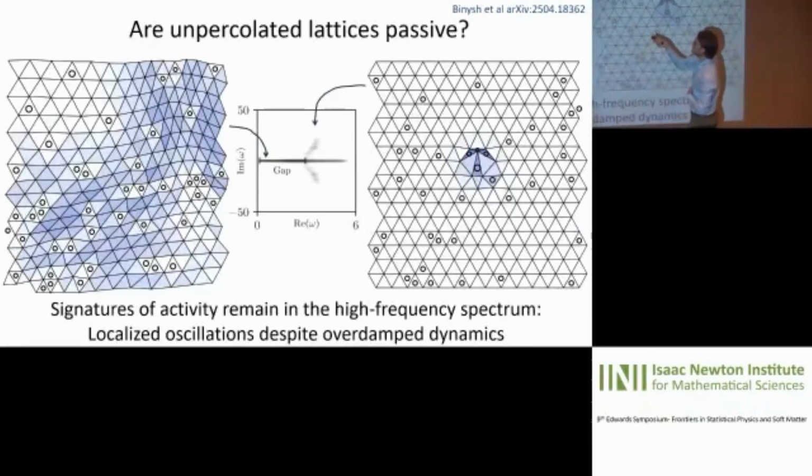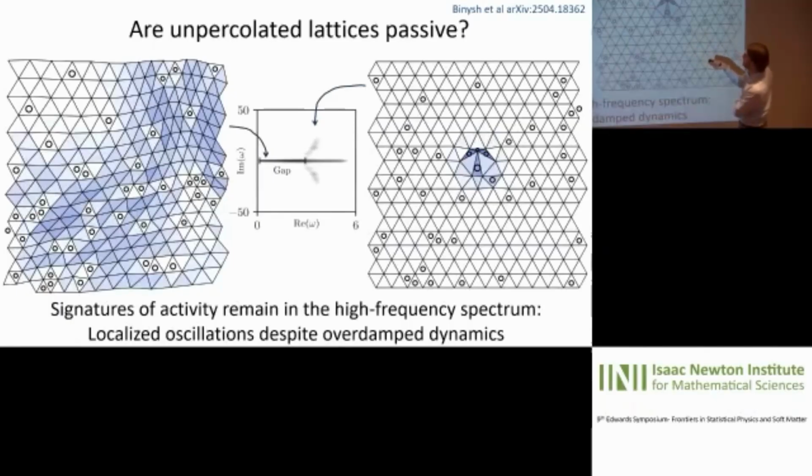But as you go to higher frequencies, as you look at more localized modes here, you see these lobes of imaginary frequencies that would correspond to either localized oscillations if you had an overdamped dynamics, or instabilities if you had inertia.